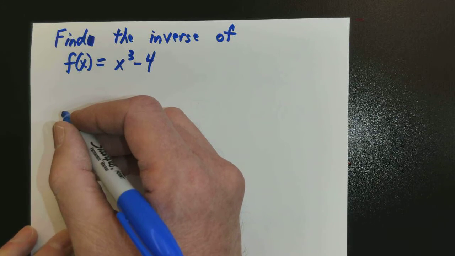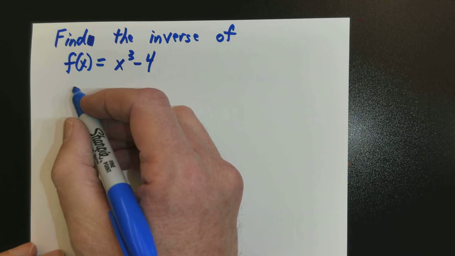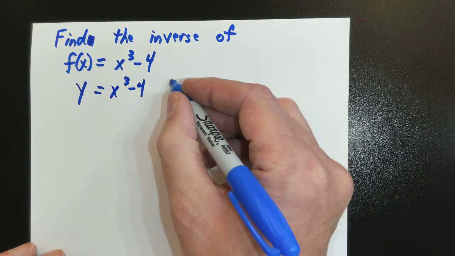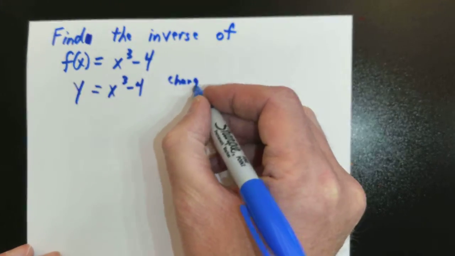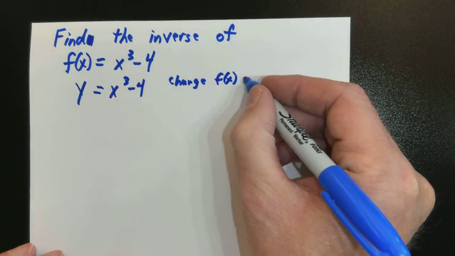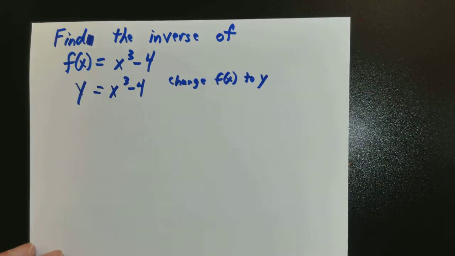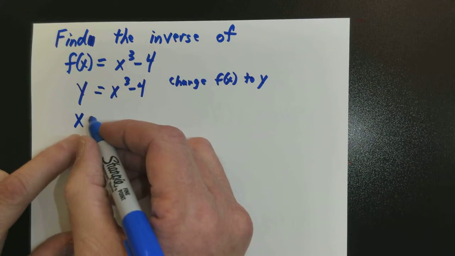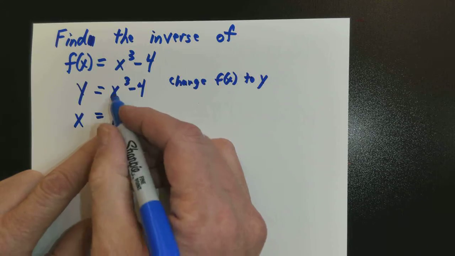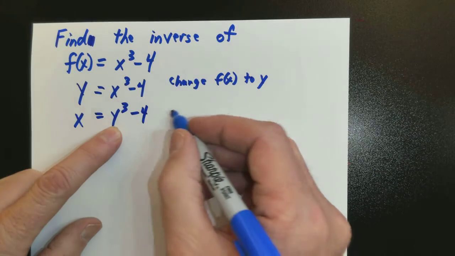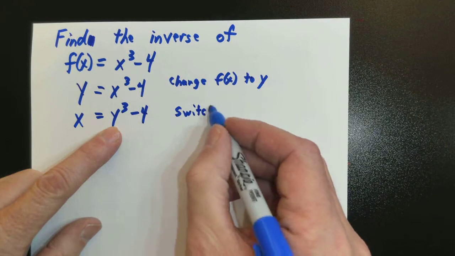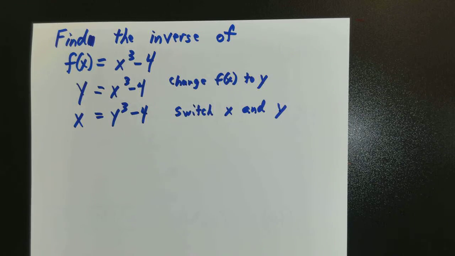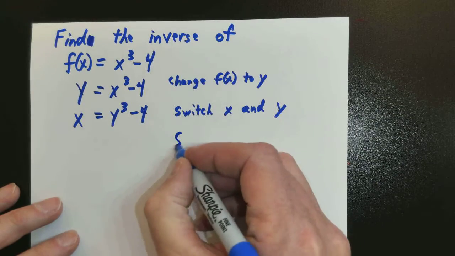Stephen? Change the f of x to y. I'll just write a little note what we're doing. Ryan? Switch y to x. So x is where y is, and y is where x is. Now what? Christian? Let's solve this for y.